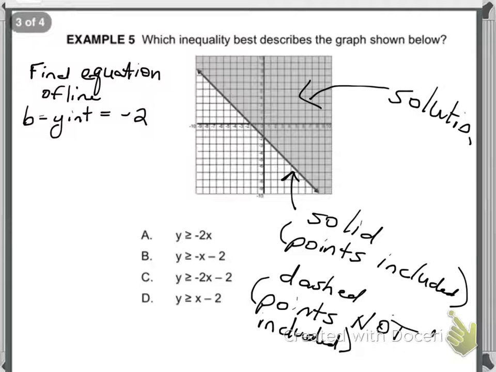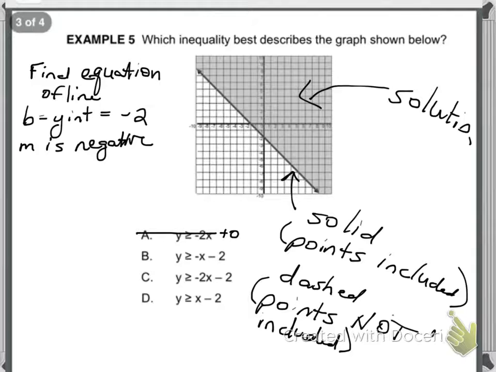Then we need to figure out the slope, and we see that the slope is negative because of the way it leans. Just with that little bit of knowledge, we can eliminate A, because in A there's no y-intercept.